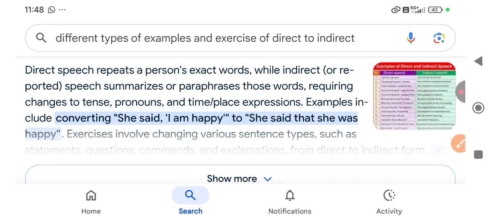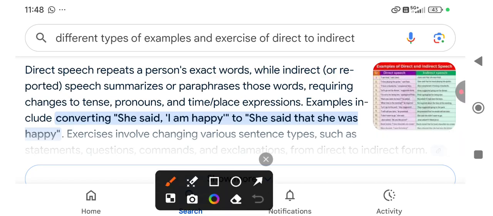So it's an introduction. Direct speech repeats the person's exact words. We know that direct speech is the person's exact words, while indirect speech means reported speech. Please take care: reporting and reported, okay?